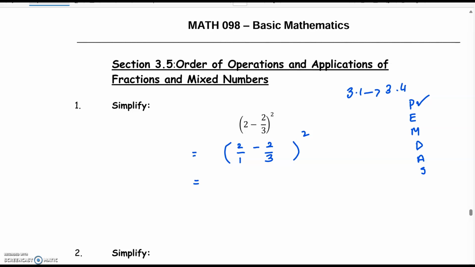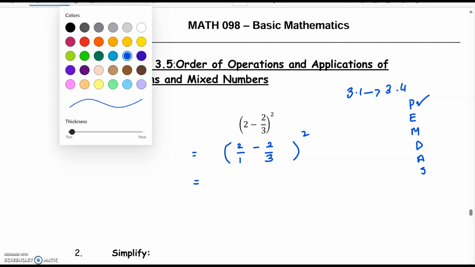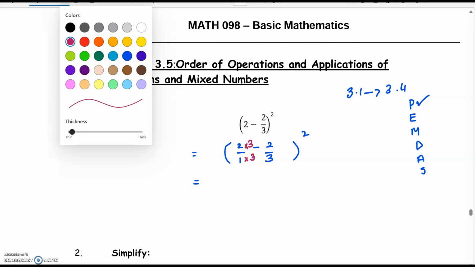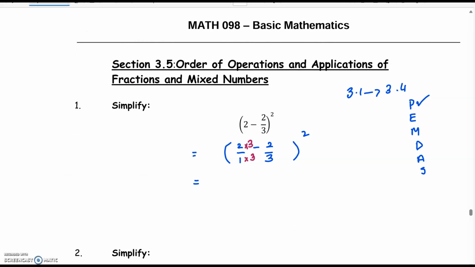Now here we need a common denominator, and if one of the denominators is a 1, clearly 3 would be the common denominator. So we multiply the numerator and denominator with 3, and what we get is 3 times 2, 6, minus 2 over the common denominator of 3, the whole squared.